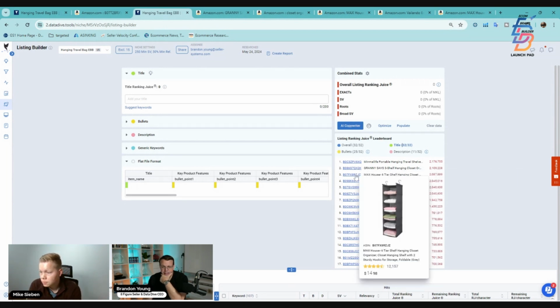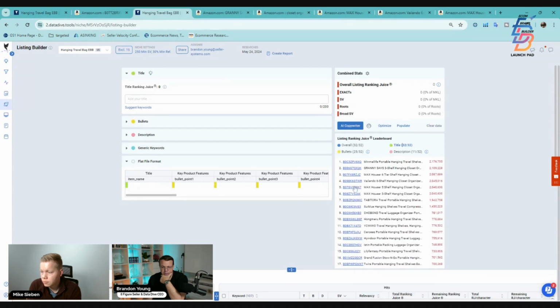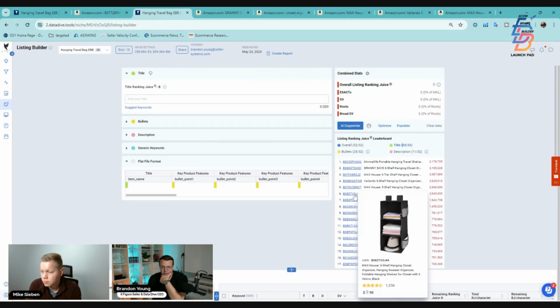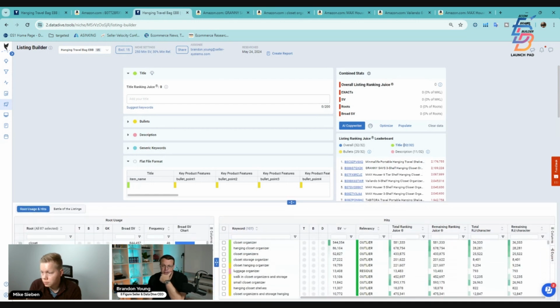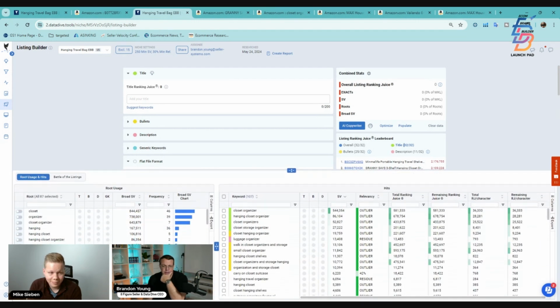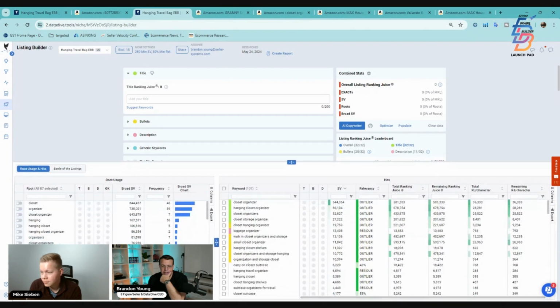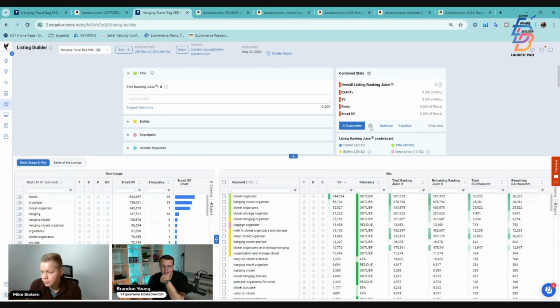Granny Says is second. Max Hauser's third. Max Hauser has 3 listings here in the top 5. Maybe they're a data dive user. Let's see what we can do here. If we hit the AI copywriter, let's see what it does to the title.